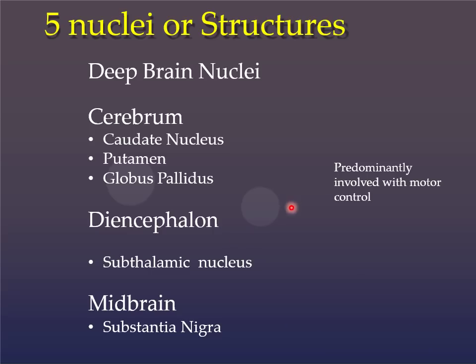We see them listed here. Within the cerebrum, we have the caudate nucleus, the putamen, and the globus pallidus. Within the diencephalon, just below the thalamus, we have the subthalamic nucleus, and in the midbrain, we have the substantia nigra. This whole system is predominantly involved in motor control.